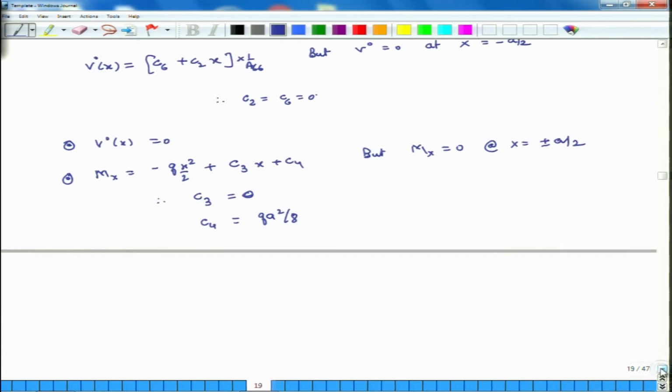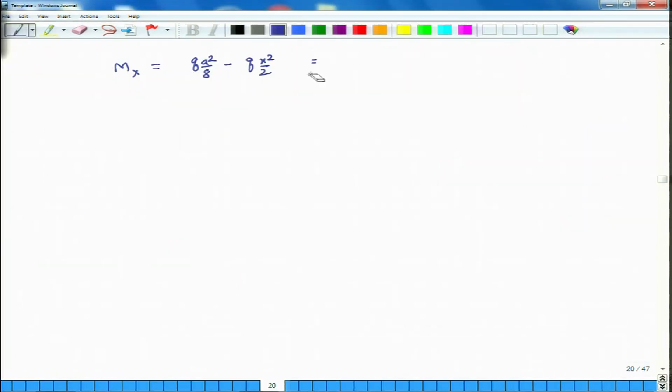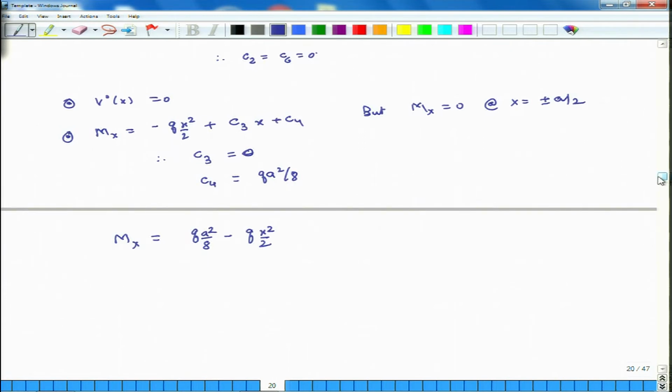Because of that, Mx is equal to Qa square over 8 minus Qx square over 2, or I can have the same expression, which is Mx is equal to Qa square over 2 times 1 by 4 minus x by a whole square. So, this is my relation for Mx.